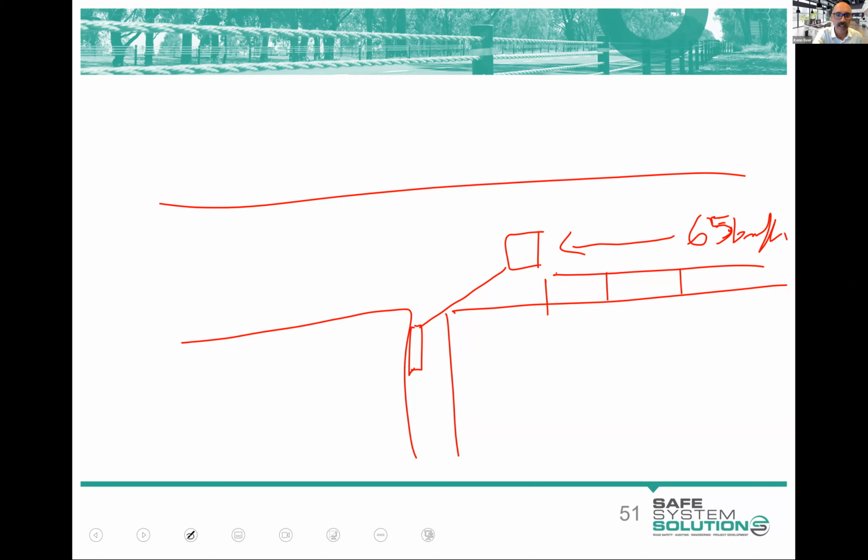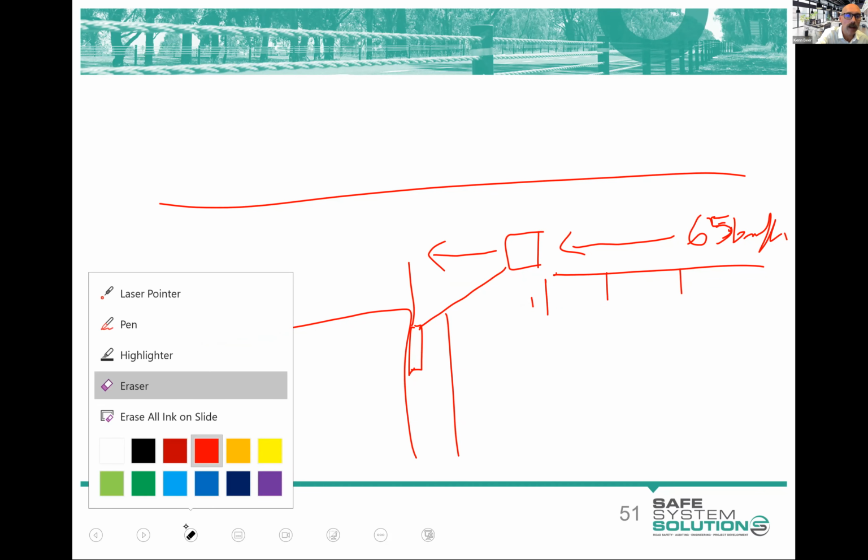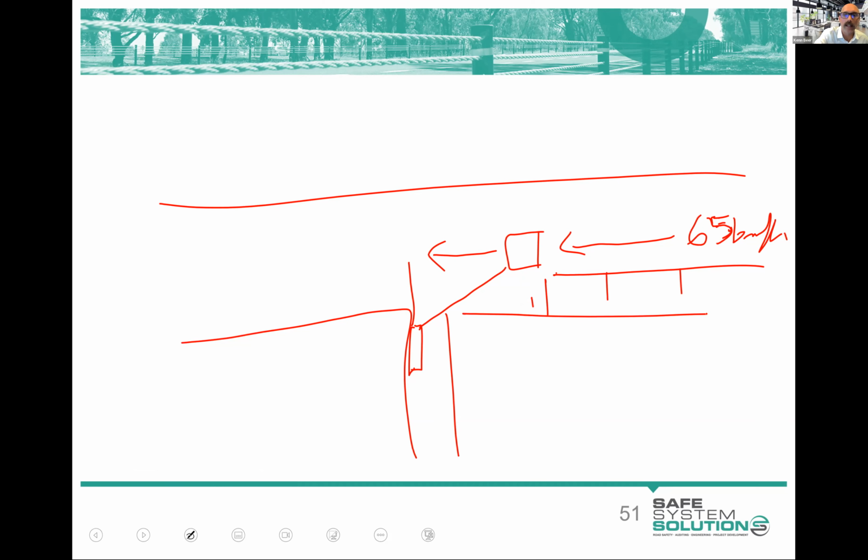But exactly as Chesson has popped into the chat right there, that crash can still occur. Absolutely. It's less likely to because this driver can now see, but they might make a bad decision. Who knows what else could happen. Maybe a truck has decided to park here and do their unloading or something. Or maybe we've got just a driver who has just made a bad call. There are all these reasons why we can still have this crash occur.